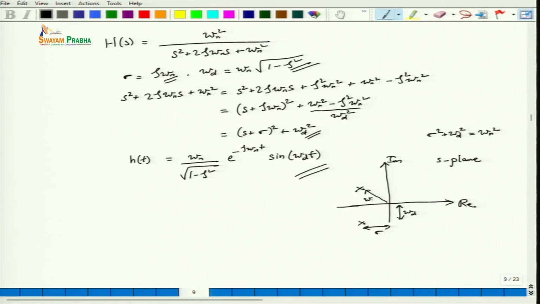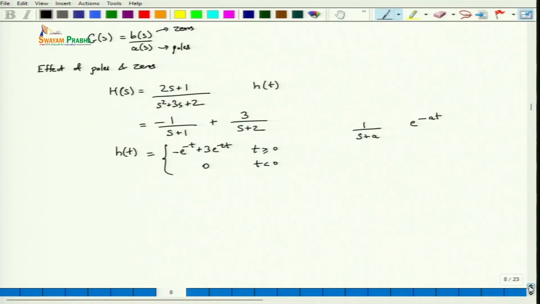In the polar form, the magnitude is omega n, and this angle is basically sine inverse of zeta. So if we are given this set of parameters, we can locate the pole location in the S plane.